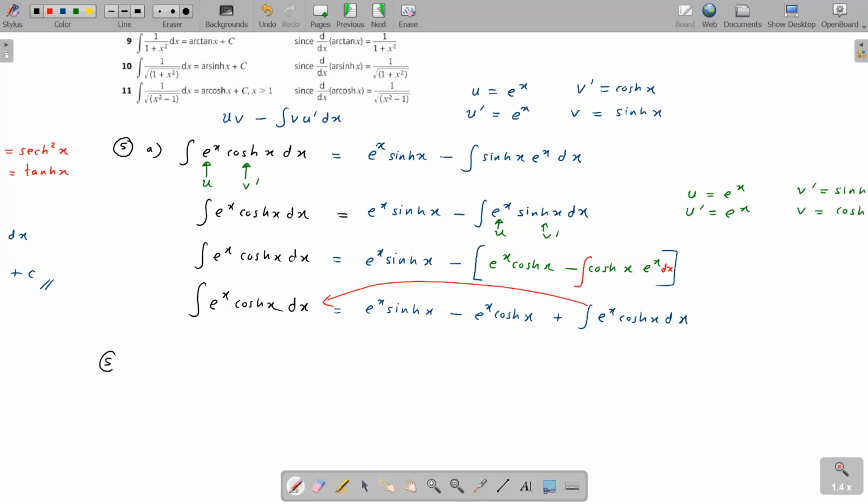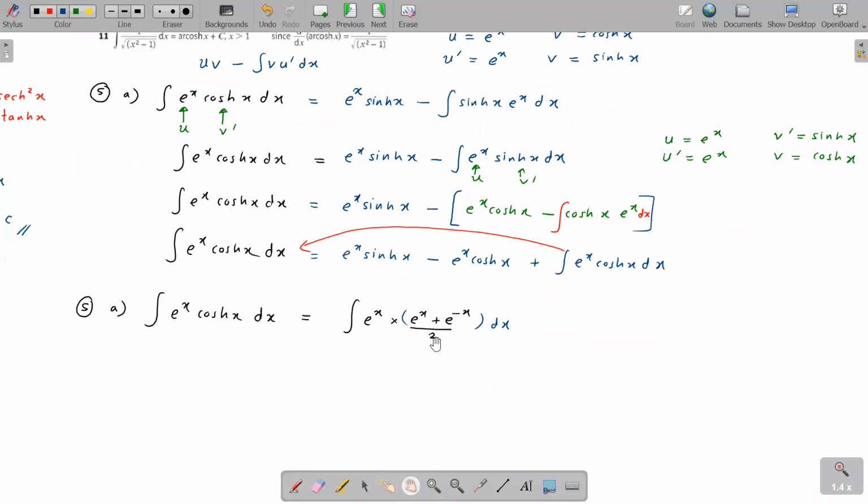What's the other method? Yeah, we will substitute the cos x with its hyperbolic definition. So ex cos x is e to the power x times e to the power x plus e to the power minus x over 2 dx.